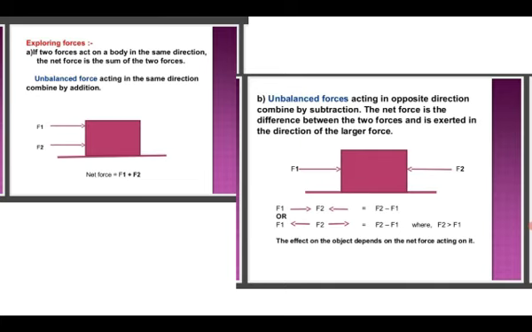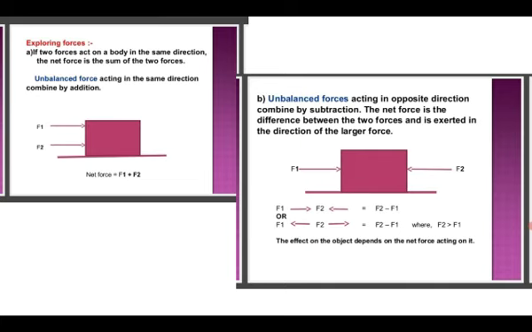If two forces act on a body in the same direction, the net force is the sum of the two forces. Here you can see that two forces F1 and F2 apply on an object in the same direction. Then for the net force, we add both forces. It means net force is equal to F1 plus F2.